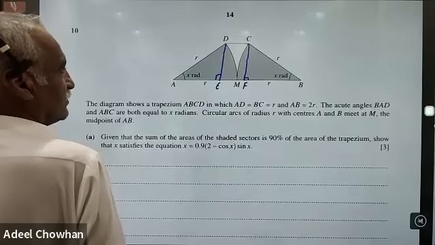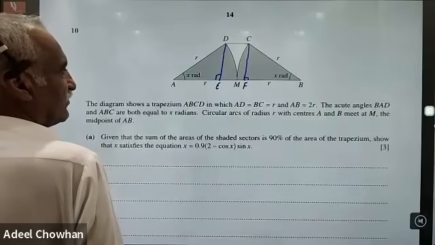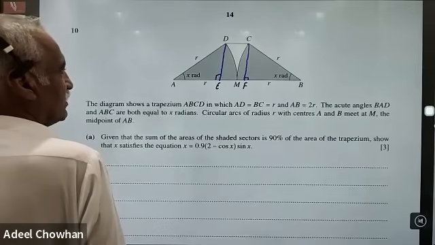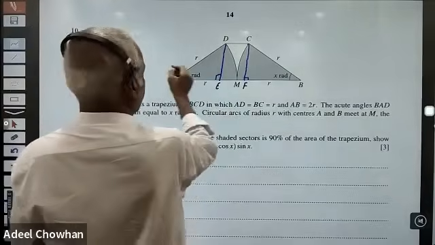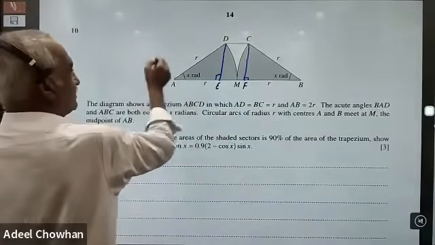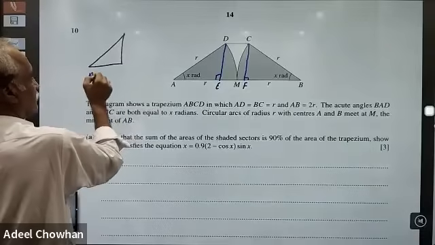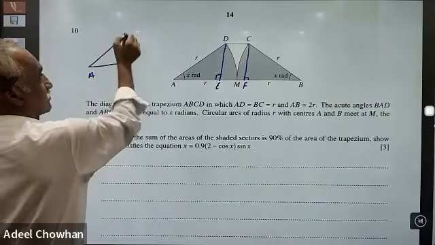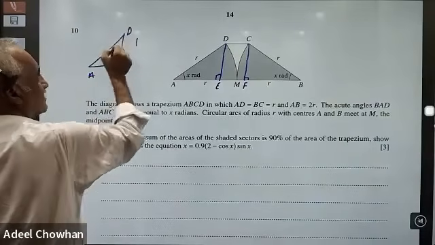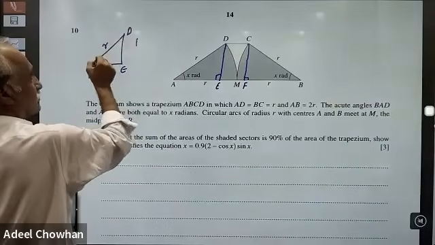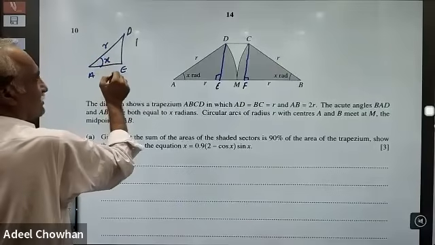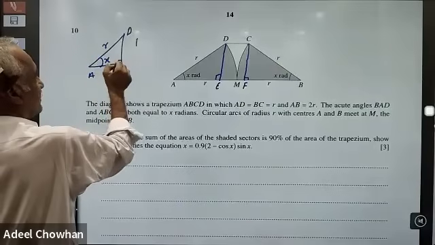But M is the midpoint of AB, it is R. So if we use this triangle AED, where this is R, this is x radian, this is 90 degree.